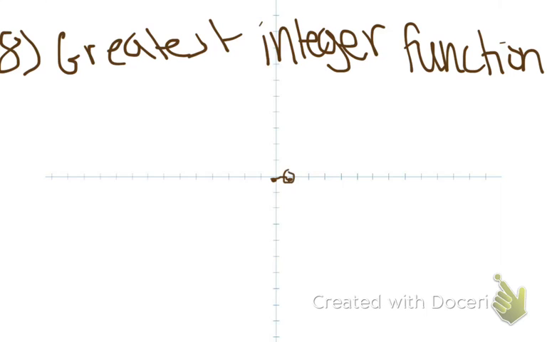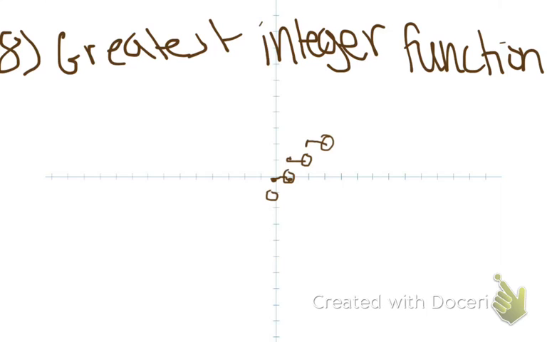It's supposed to be an open dot, and then from here to an open dot from 1 to 2, here to here, and so on. And it goes the same way from down here.